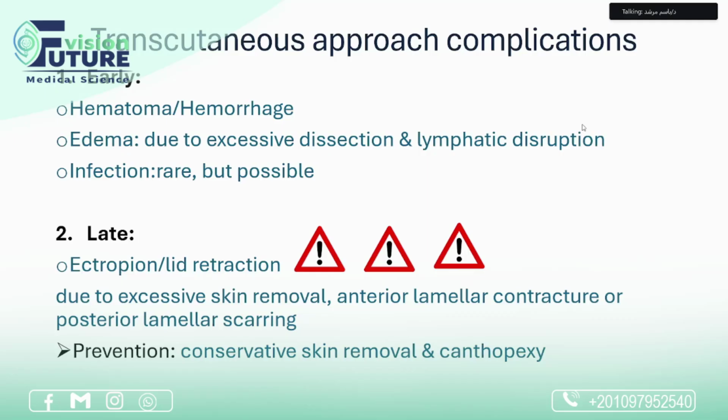So ectropion is usually due to excessive skin removal, due to anterior lamellar contraction or posterior lamellar scarring, which again can be easily avoided by preventing ourselves from going transcutaneous in cases that don't necessarily need anything to do with the skin.